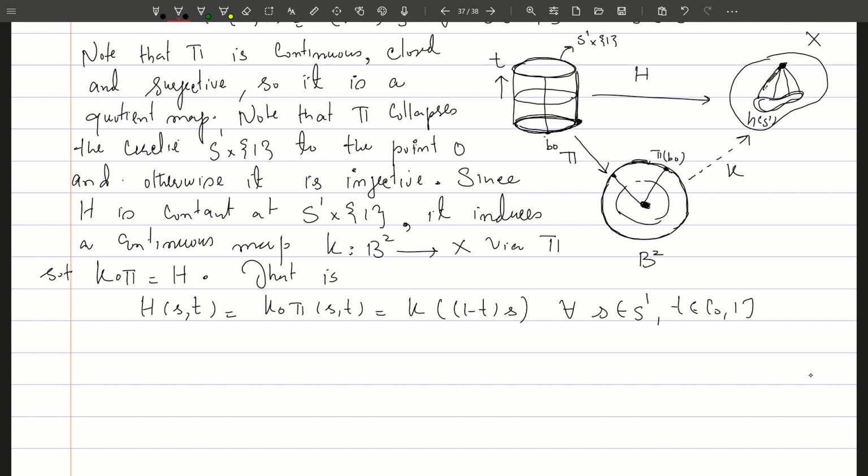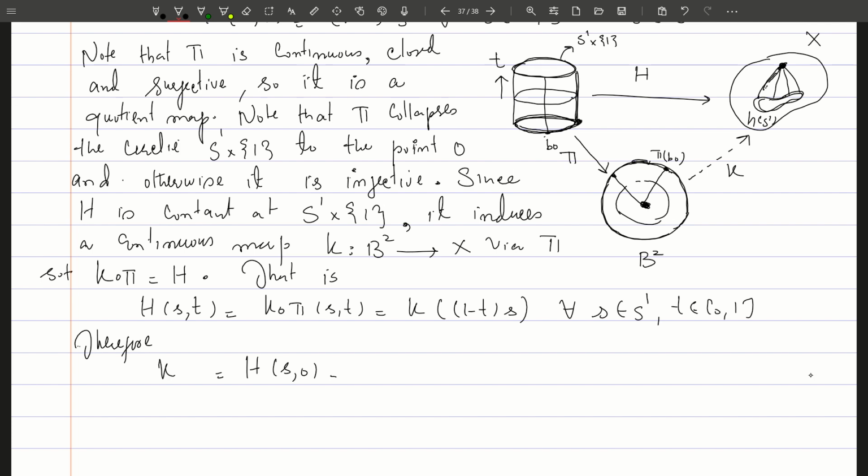So therefore H of s is the same as H of (s,0), because H is a homotopy between the loop and the constant map. Actually this is the map, this is k of s.